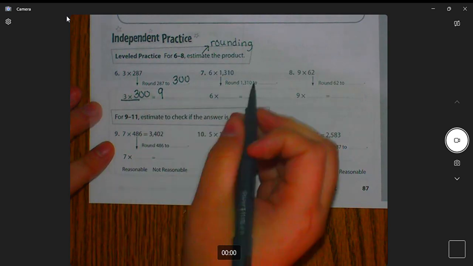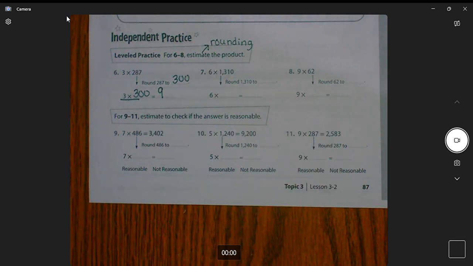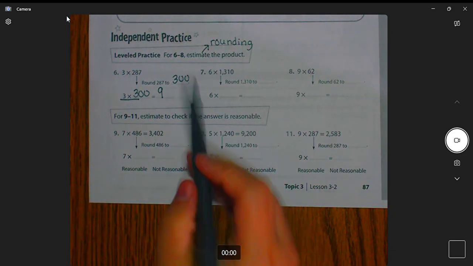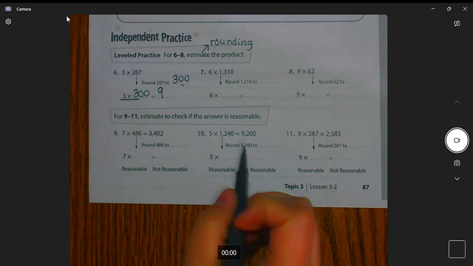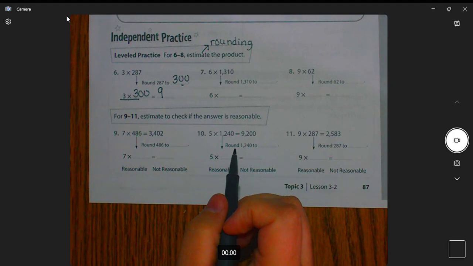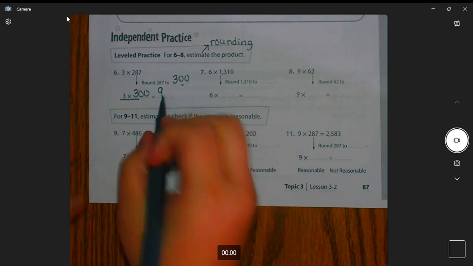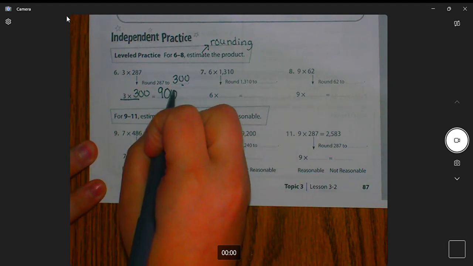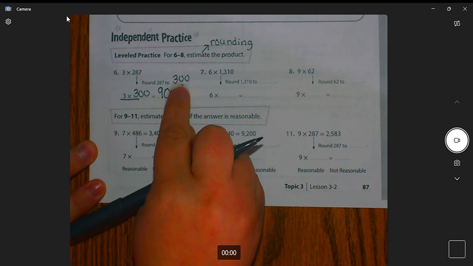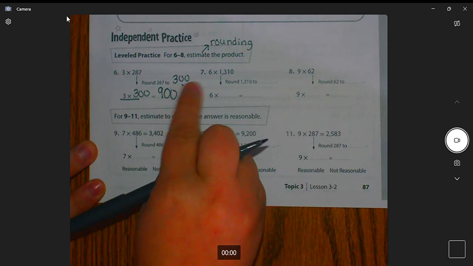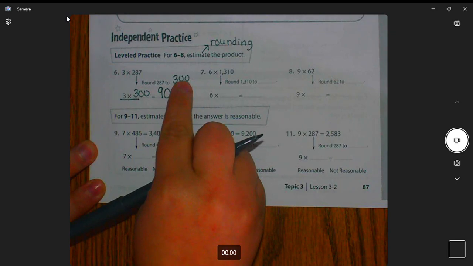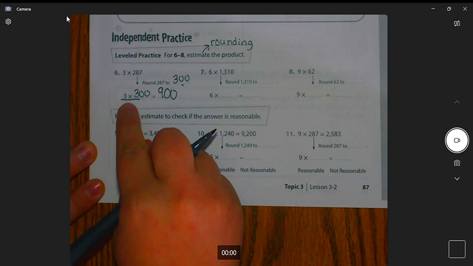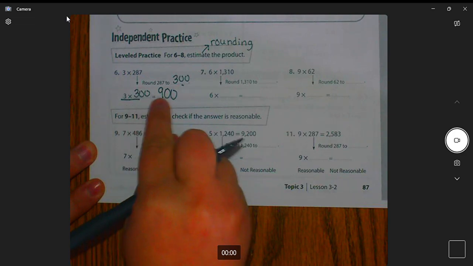Now, am I dealing with 100, 1,000, or a 10? That's a tricky question. So I'm going to go up here, and I'm going to look and see how many zeros I have. How many zeros is that? Right, it's 2. So I'm going to go ahead and put 2. So I know I'm multiplying by 100 because I have 2 zeros. Because 2 tens is 100. So 3 times 300 equals 900.